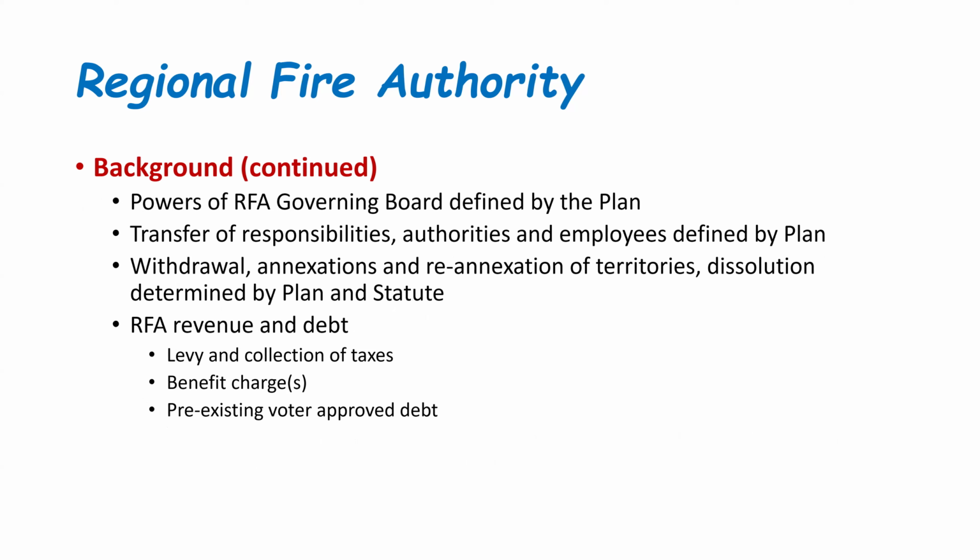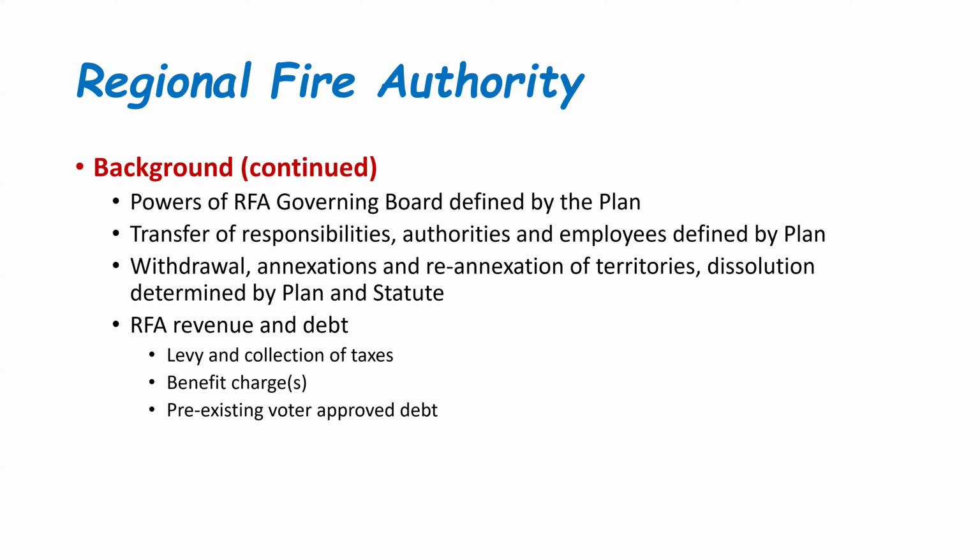We could create an RFA with Lacey and Olympia to simply provide EMS and continue to have District 3 and 8 and the City of Olympia continue to do fire, but EMS would be provided in those three jurisdictions by the RFA. Or it could be fire prevention, or all of it or none of it. So it isn't an all or nothing option.